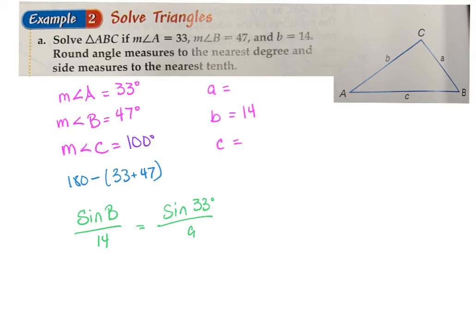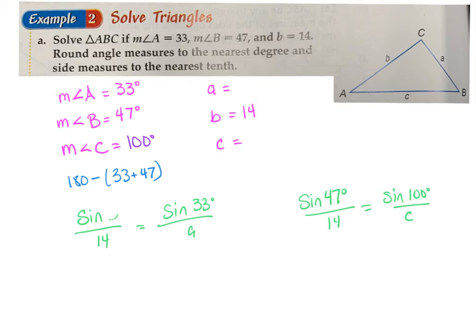You're going to get a decimal somewhere for side A. Don't go back to that to do C, because you have rounded already in that answer. So we're also going to do the sine of B, which is 47 degrees, over B equals the sine of C, 100 degrees, over C.